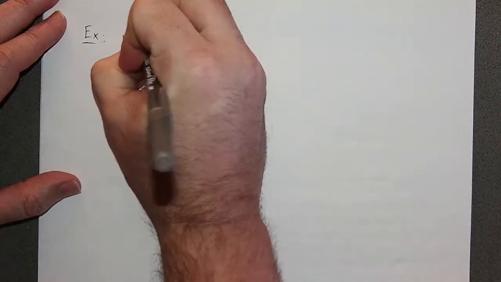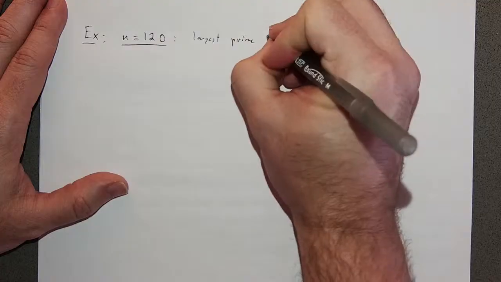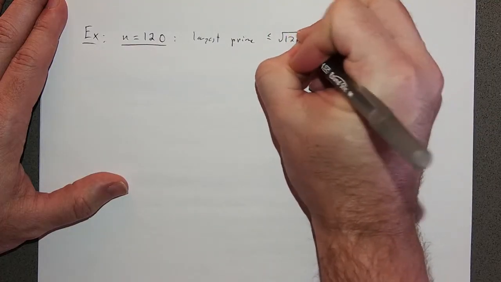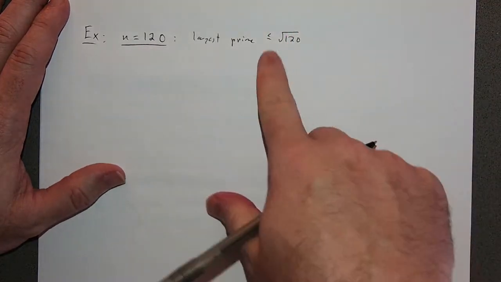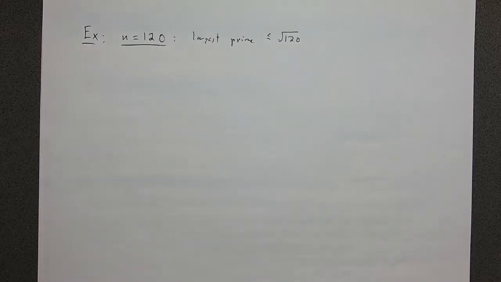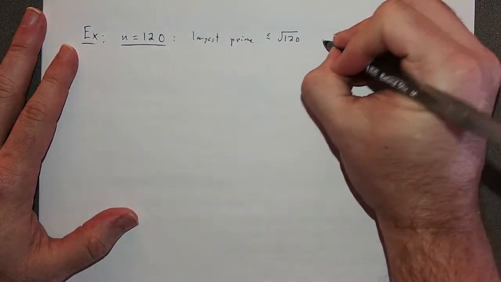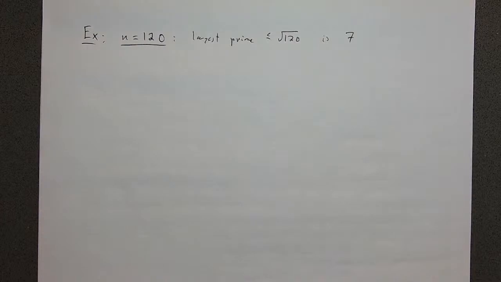Quick example here: if n is equal to 120, then the largest prime less than or equal to the square root of 120, so numbers like 10 and less, is 7.